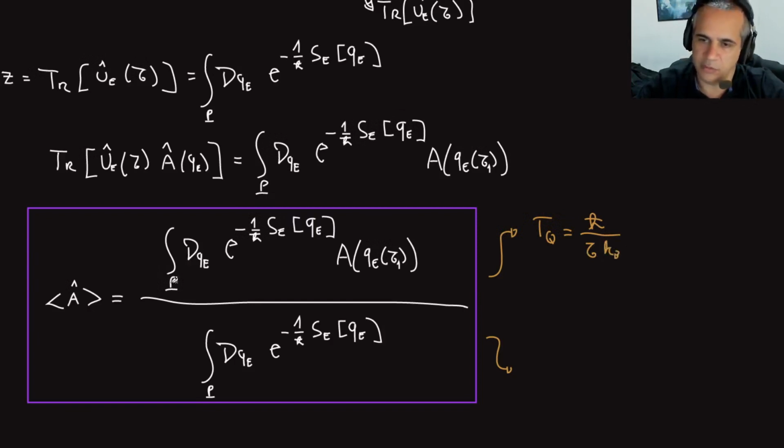And tau is encoded here, so this is a period of length tau, so I have periodic conditions for the path integral.